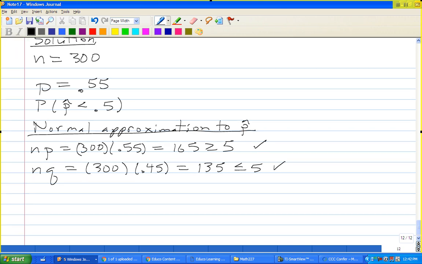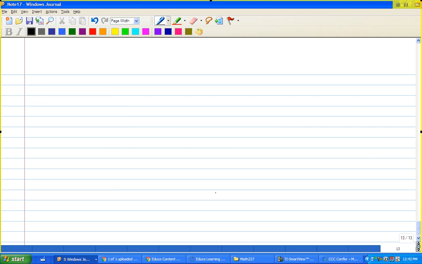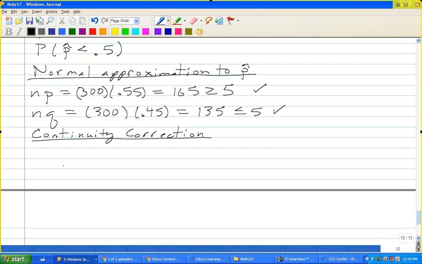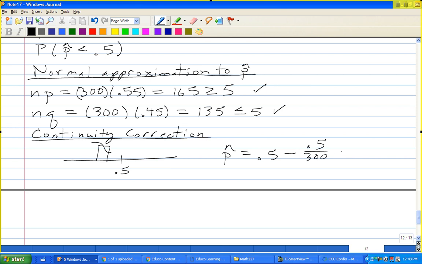Let's invoke continuity correction. And so we have less than 0.5. So here's 0.5, and it's got to be less than it. Okay, so I'm going to have to subtract. So 0.5 minus 1/2 over n.